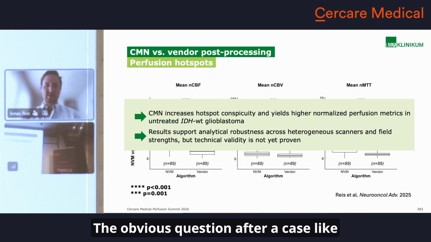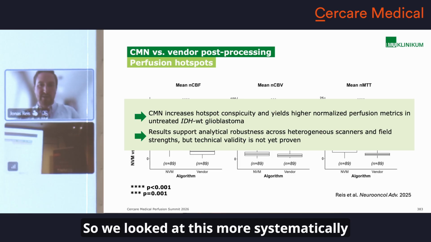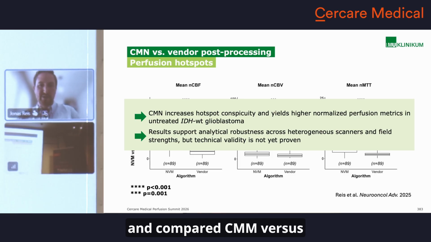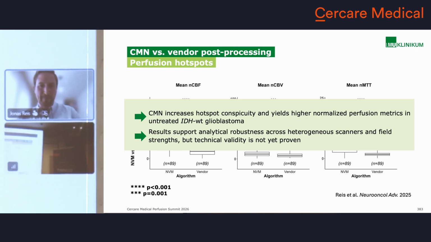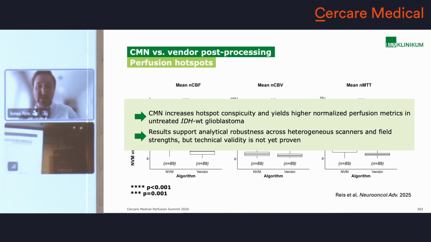The obvious question after a case like that is whether this is only a visual impression. So we looked at this more systematically and compared CMN versus vendor post-processing for untreated glioblastoma. We focused on perfusion hotspots in cerebral blood flow, volume, and mean transit time to be comparable. The quantitative results from the study are quite straightforward.